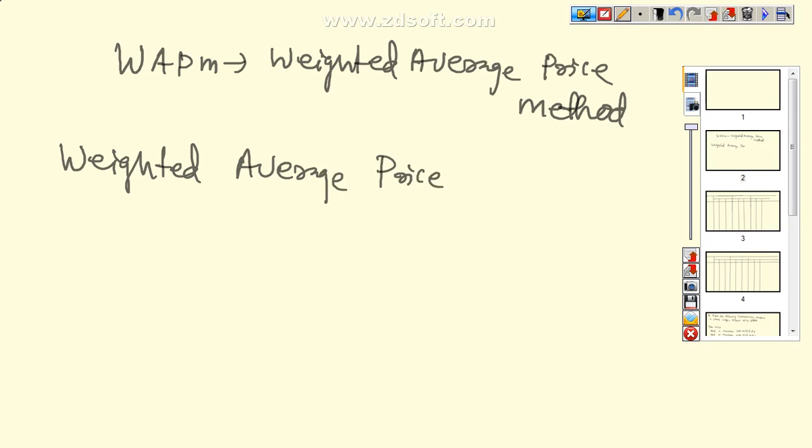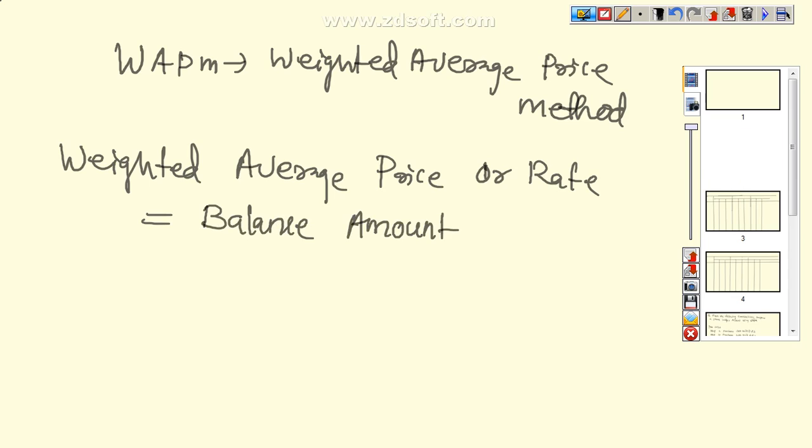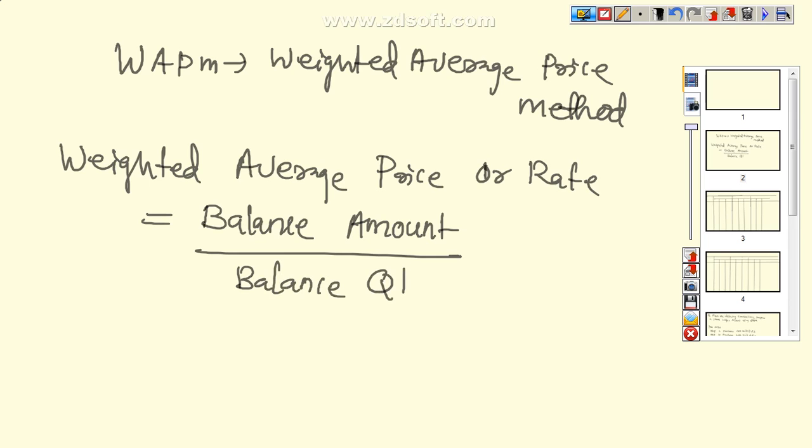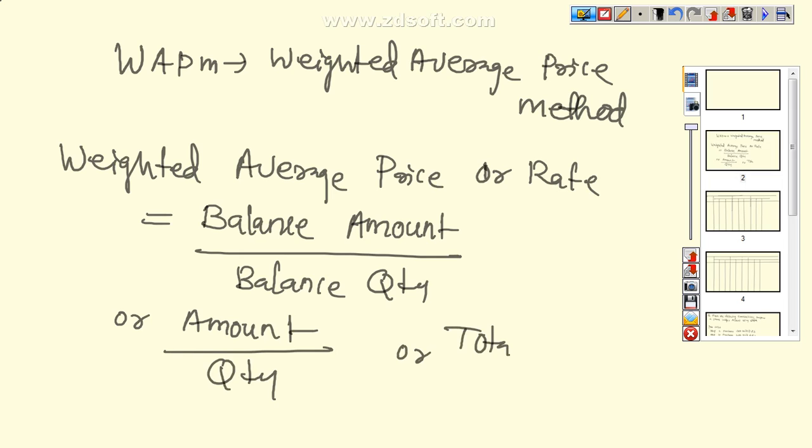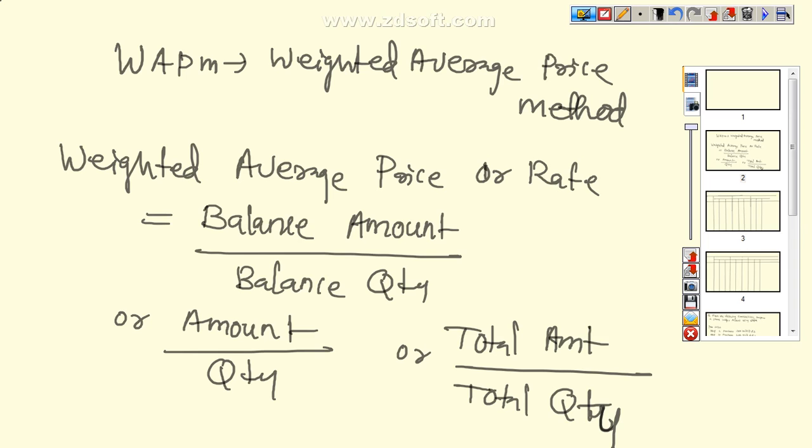It is also known as rate, which is equal to balance amount upon balance quantity, or amount upon quantity, or total amount upon total quantity. Here quantity is also known as units.